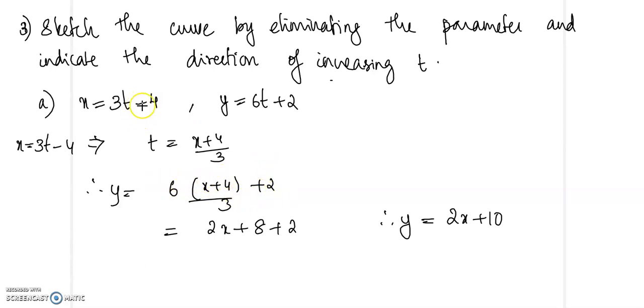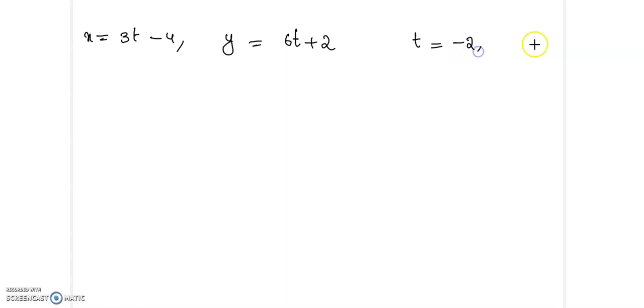For that we will give sample values of t. So we have x equal to 3t minus 4 and y equal to 6t plus 2. Let us look at how the points are being traced. If I take, for example, t equal to minus 2, then x will be minus 10 and y will again be minus 10.